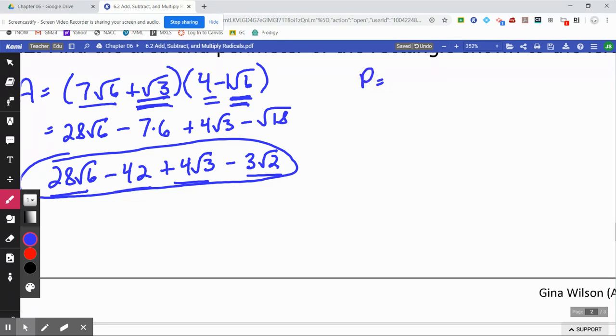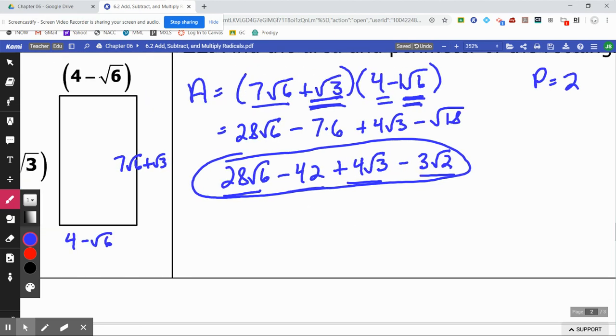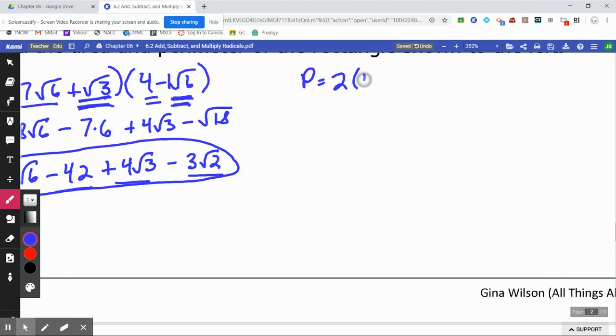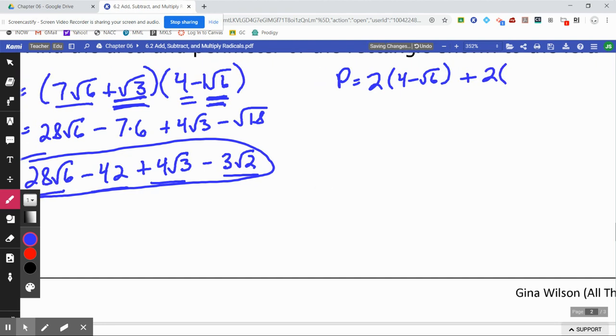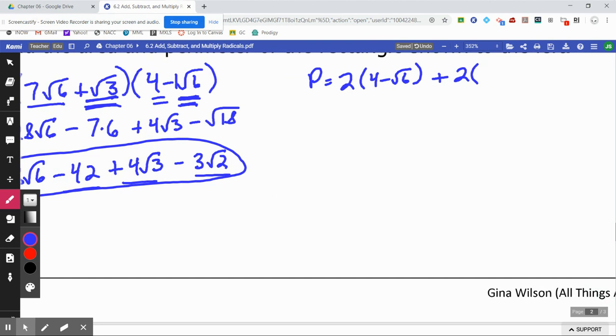The perimeter would be 2 of the tops, which was 4 minus root 6's. Well, because we've got to add together all the sides. 2 of the tops plus 2 of the sides, which was 7 root 6 plus root 3.